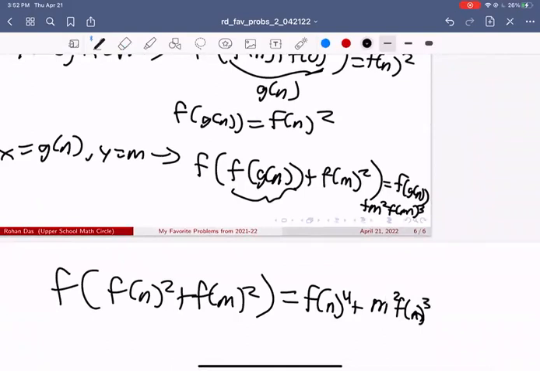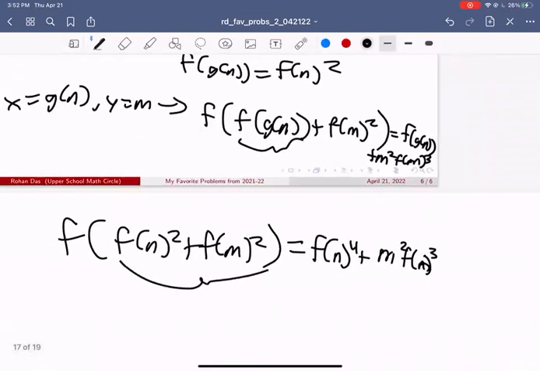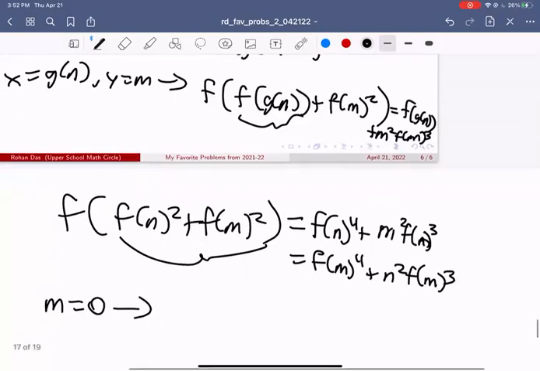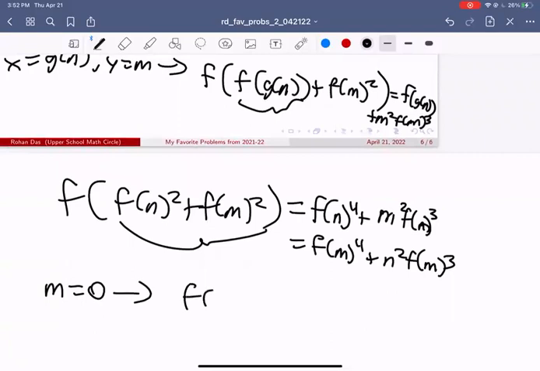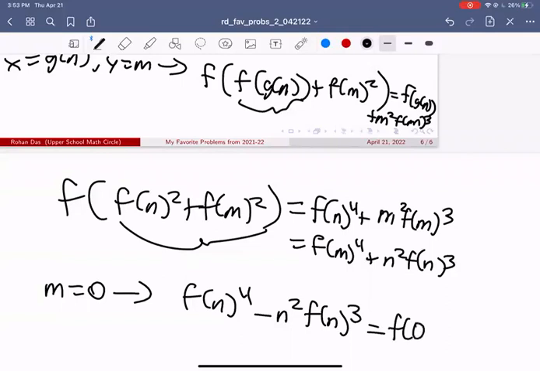Yeah, this is still right so far. And then we can notice that this part is cyclic in n and m. So we can also say that this is equal to f of m to the 4 plus n squared f of m cubed. And for m equals 0, this gives that f of n to the 4 minus n squared f of n cubed is equal to f of 0 to the 4.